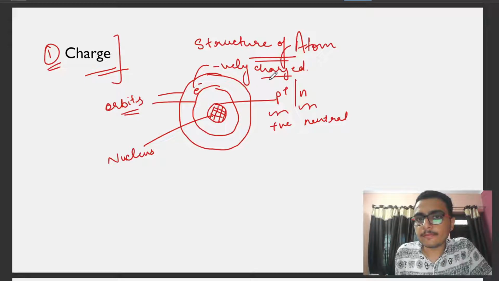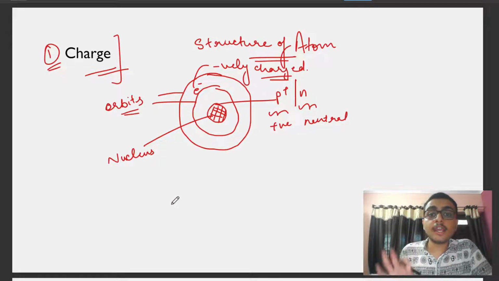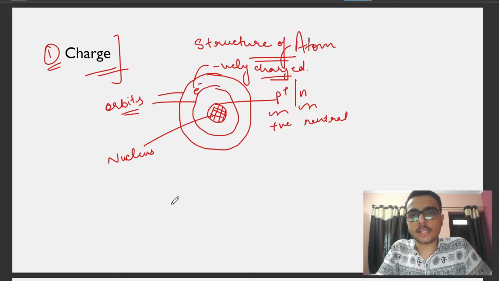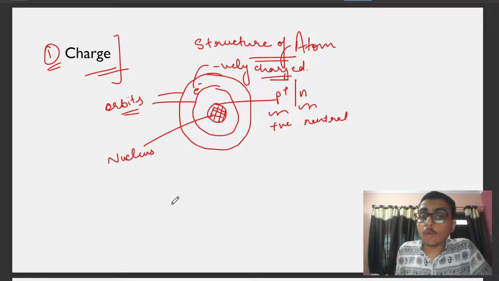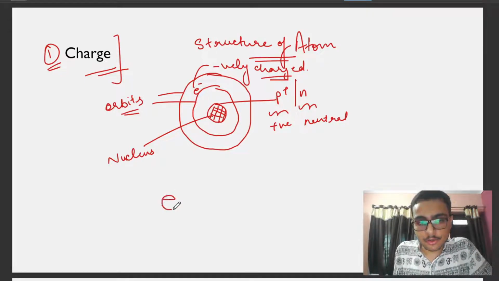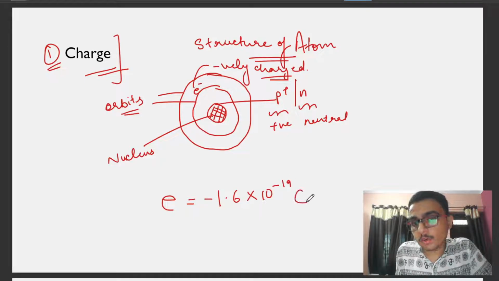Am I right? Of course. There we have heard of the charges negative and positive. Yes, there are two kinds of charges, one is positive and one is negative. Now, how much charge do these electrons and protons have? The electron has a charge of minus 1.6 into 10 power minus 19 coulombs.